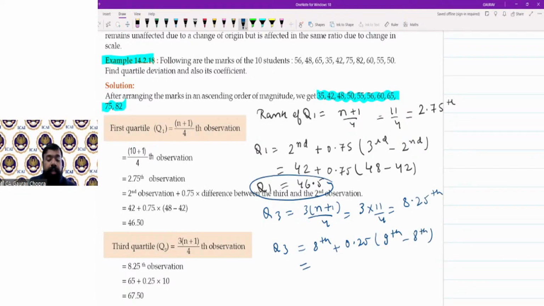The 8th figure is 65, plus 0.25 times (75 minus 65). So it will be 67.50. This is Q3, the third quartile.